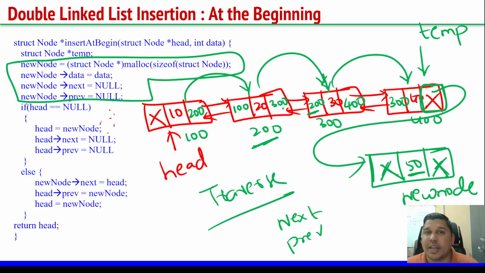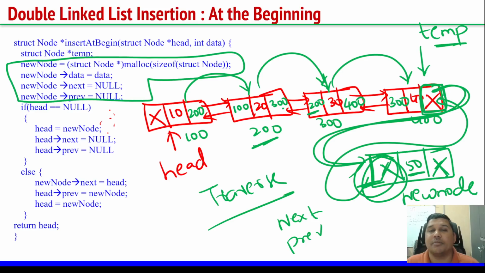The temporary node is the last element. Its next pointer should point to the new node. The new node's previous pointer should point to temp. If I can create these two chains, done. Why? This is already null. No change in the list.